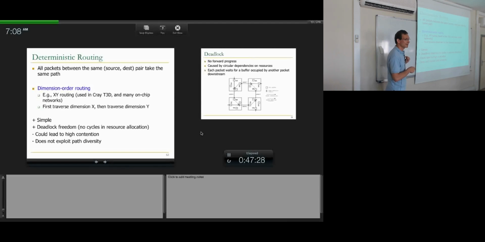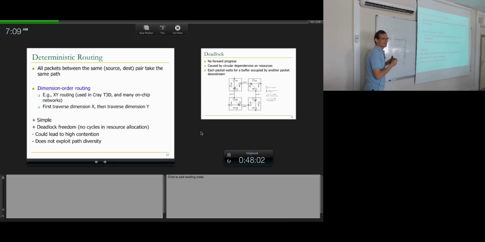That's the downside, right? You may have very nice path diversity in a mesh, but you're not really exploiting that path diversity if you do this, right? So let's say this is your mesh, and these are your nodes. If you do XY routing, and let's say this node is communicating with this one, this node with this one, this node with this one, and this node with this one, they all need to route through this direction, right?